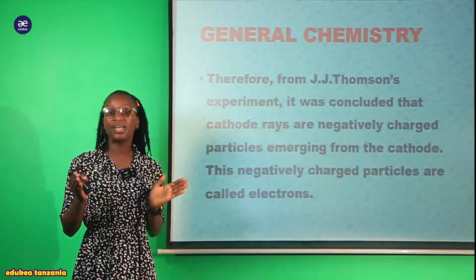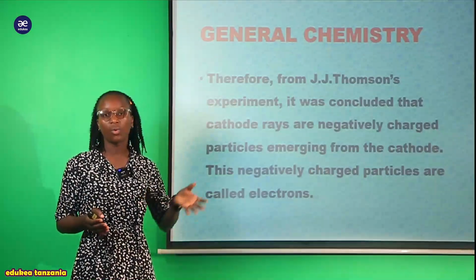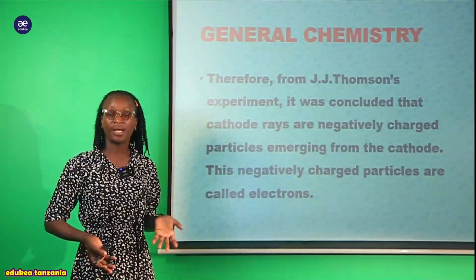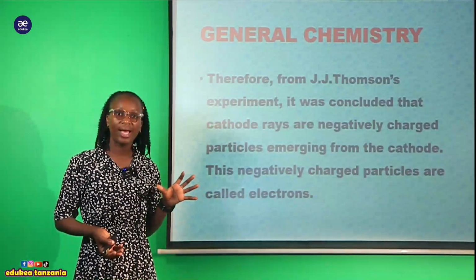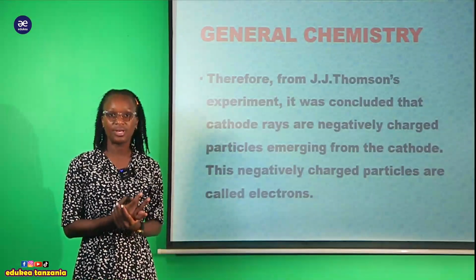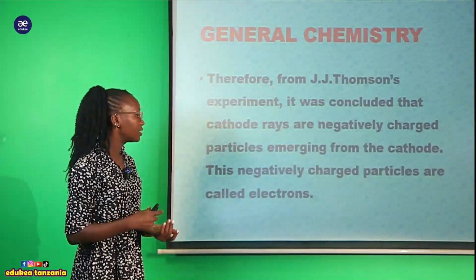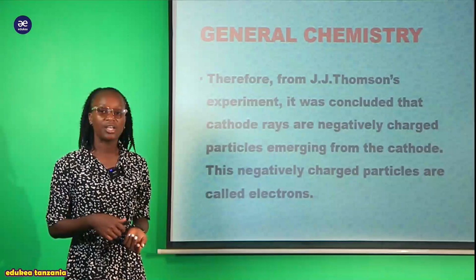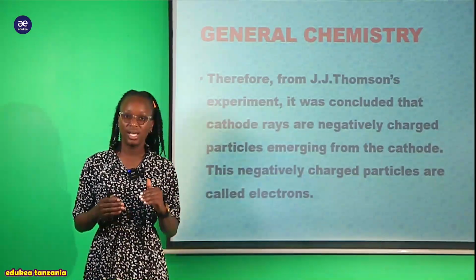Tuliona ile discharge tube ina two plates, kulikuwa na cathode na anode, lakini zenyewe zilikuwa originated from the cathode. That's why zikaitwa cathode rays. Na finally, because they are negatively charged particles, they are known as electrons.